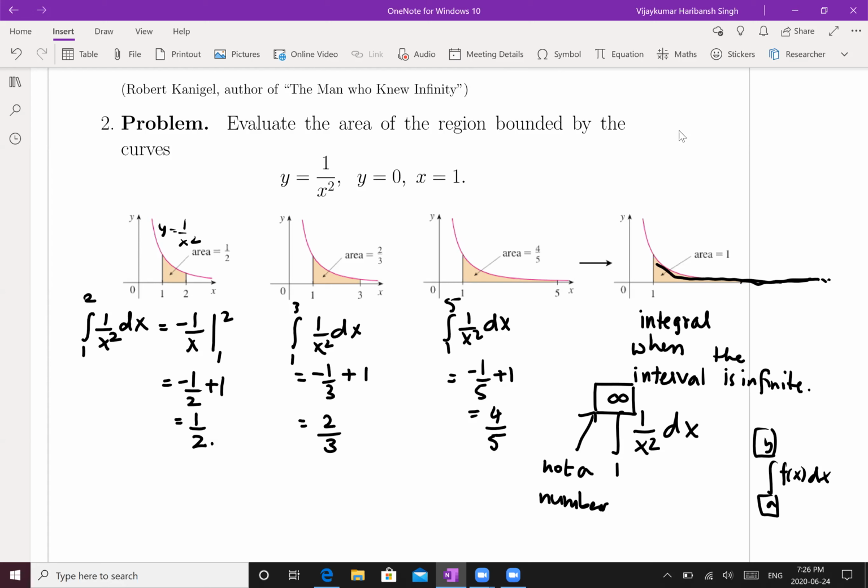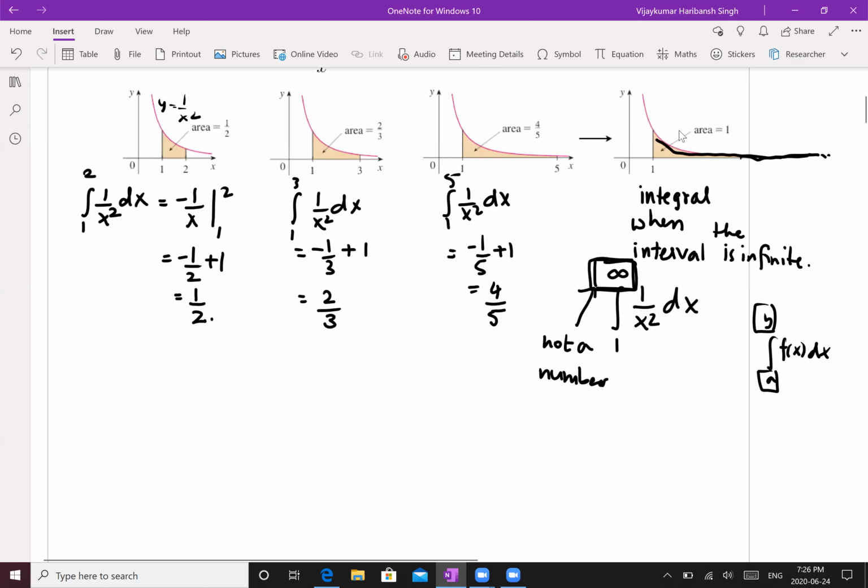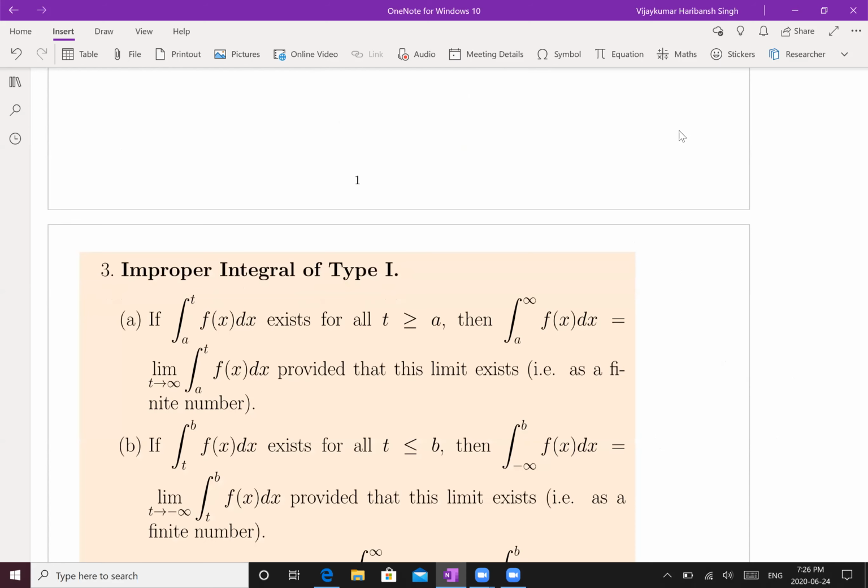Let's define this thing. Such a thing is called an improper integral, because one of the limits is not even a number. It is called an improper integral of type 1. We'll see type 2 to understand why we call it type 1.